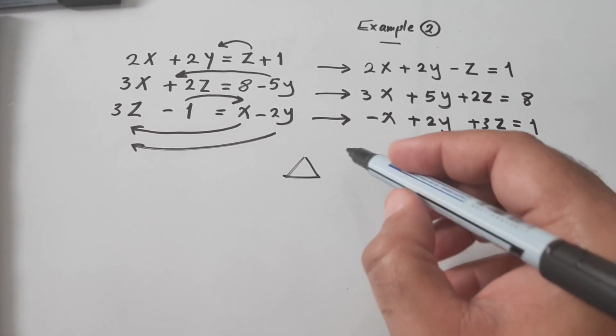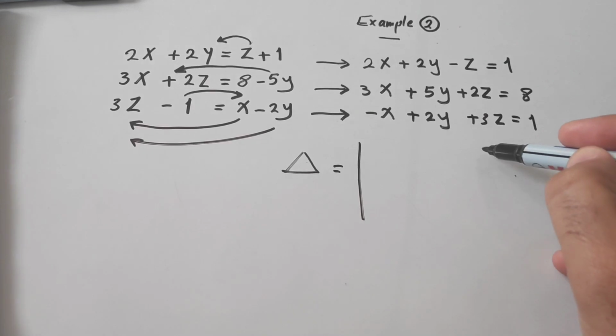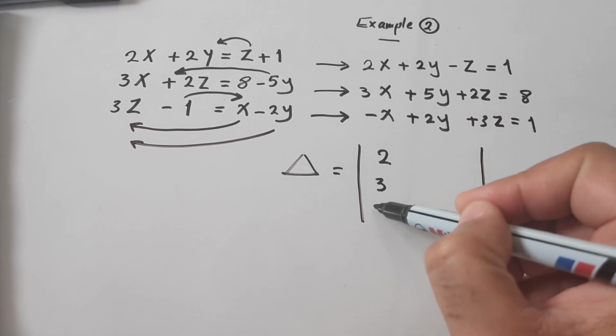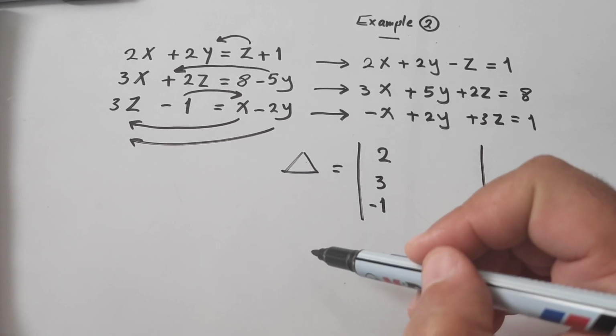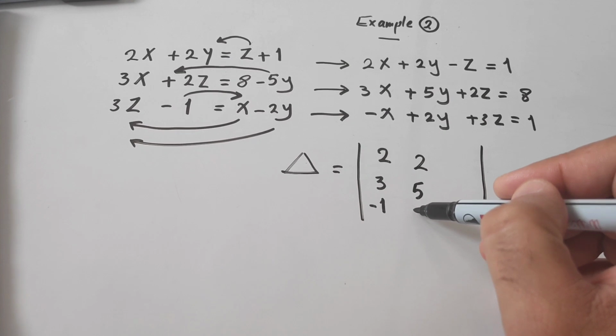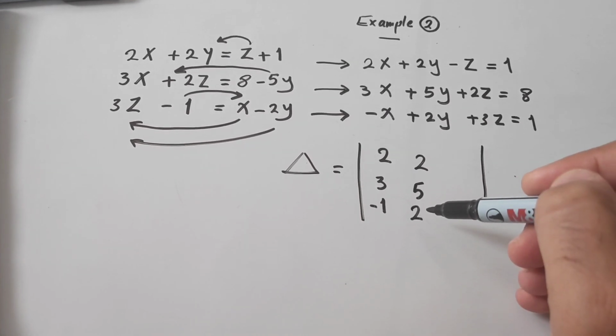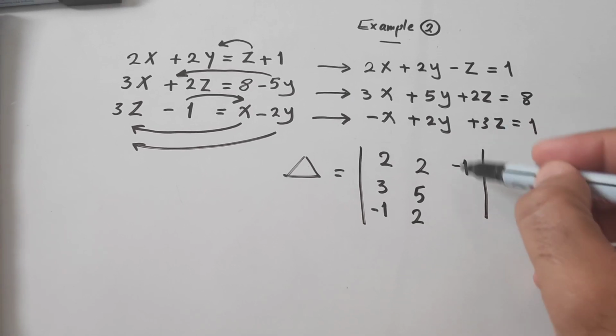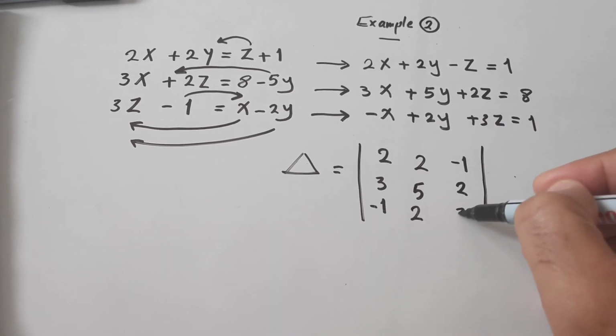So we can say that delta equals the determinant 2, 3, negative 1, 2, 5, 2, negative 1, 2, 3.